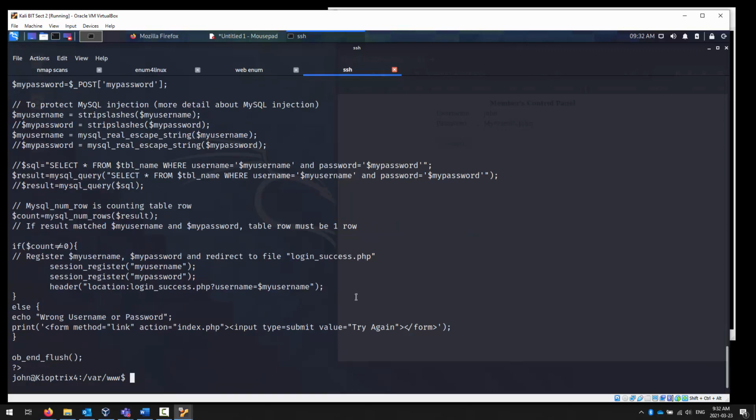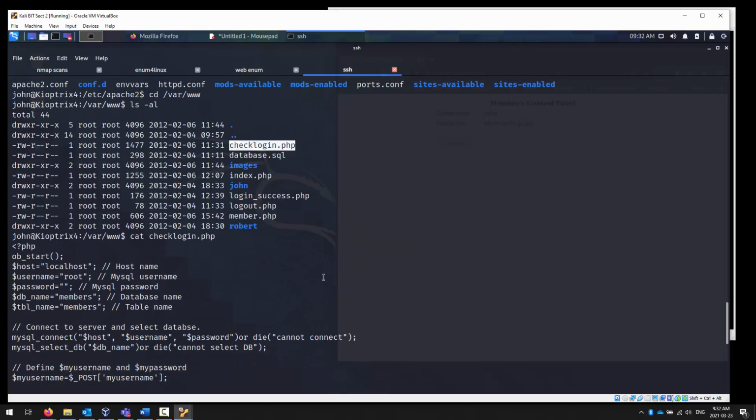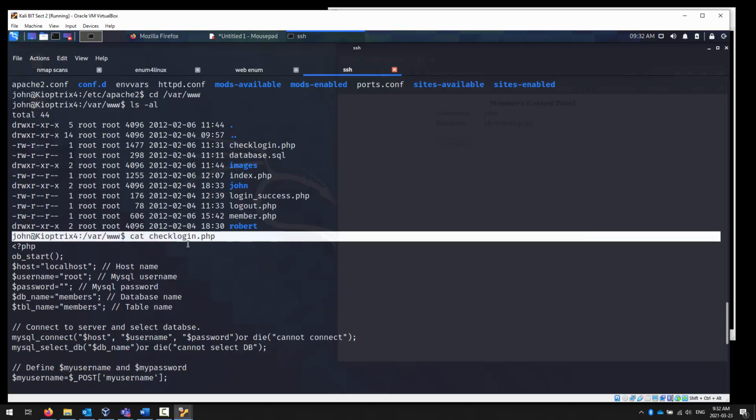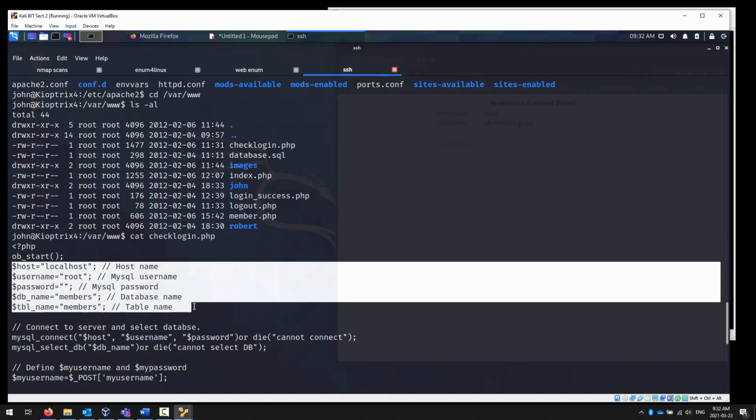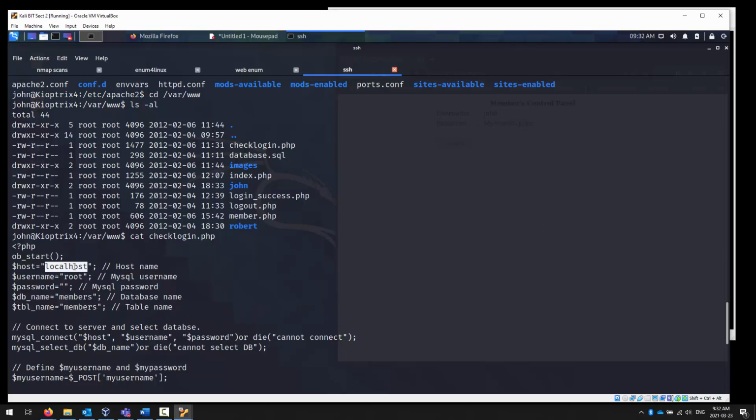When we take a look at the contents of the check login page, we find our connection information hard-coded into the file rather than using a require statement to include a config file somewhere. But the important thing is it's localhost, root, without a password. So it's even worse.